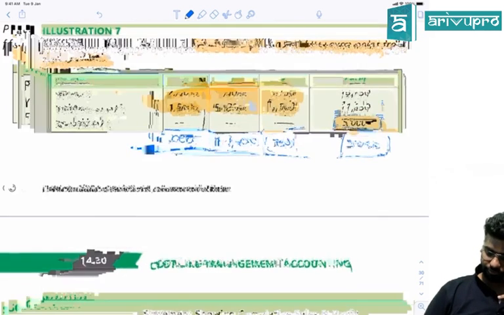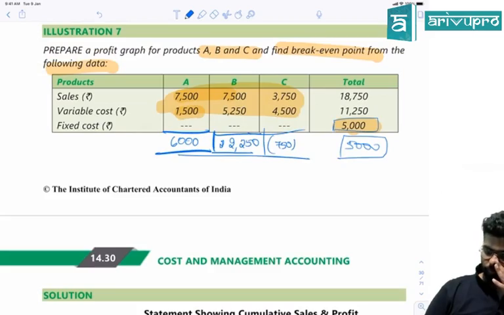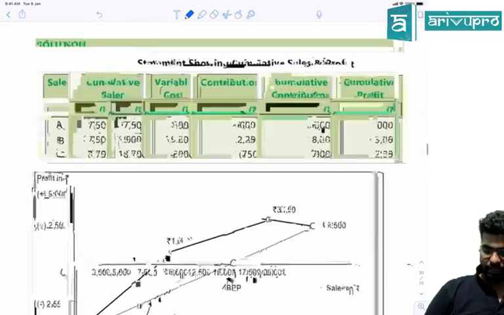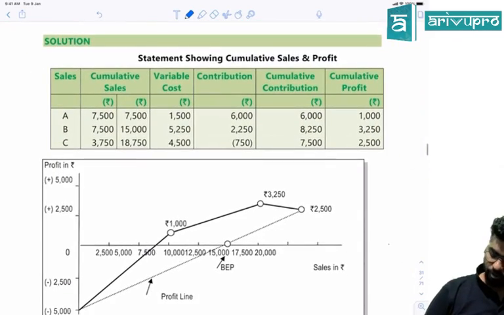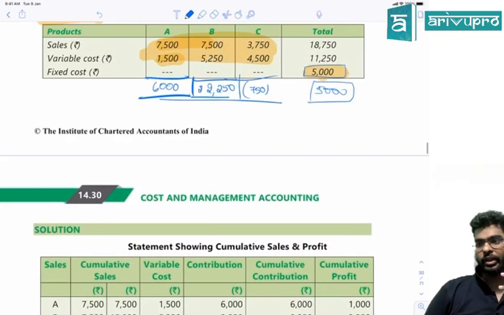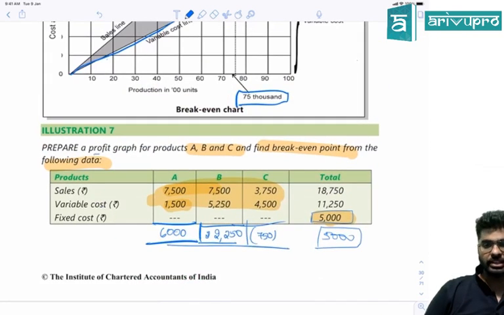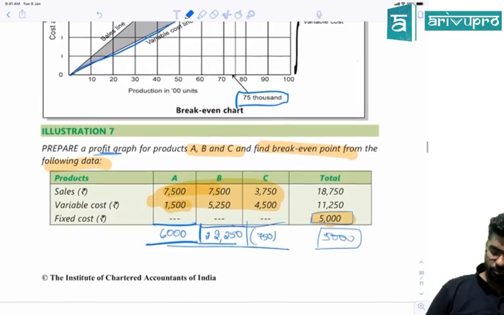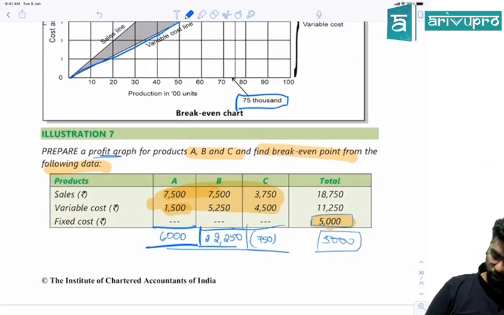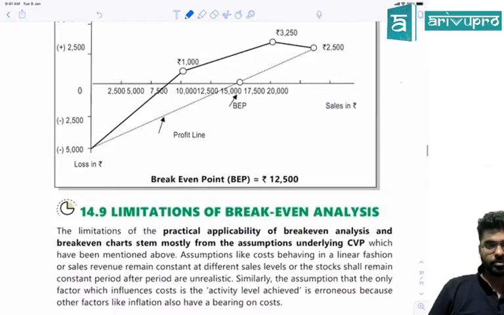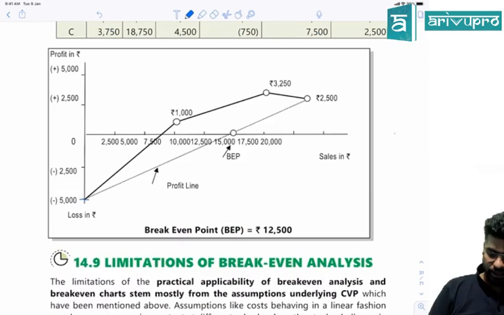Now, see here, what I try doing. They are asking me to make a profit graph. When they say profit graph, we mean the PV graph. Now, I know I'll be starting it at a loss. Why loss? Because this is my fixed cost.